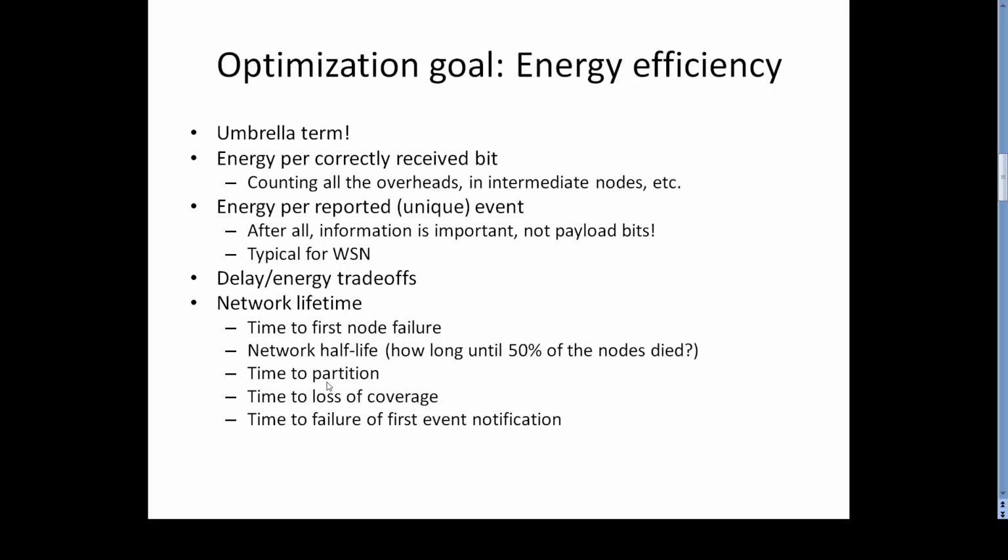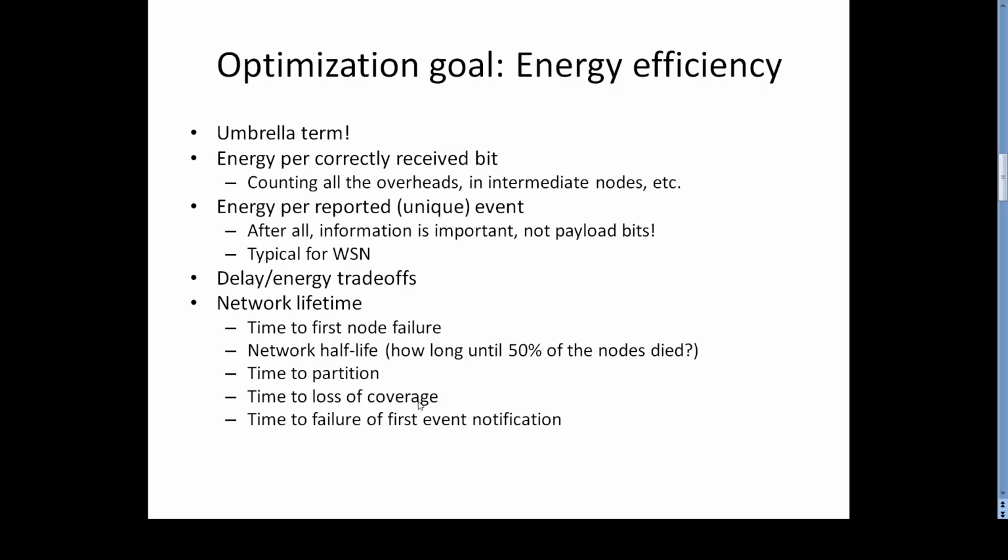As the nodes keep on dying, the bigger cluster will be divided into smaller clusters. When that happens, when partitioning occurs, that is called the network lifetime, another definition. Next is time to loss of coverage of a particular area.